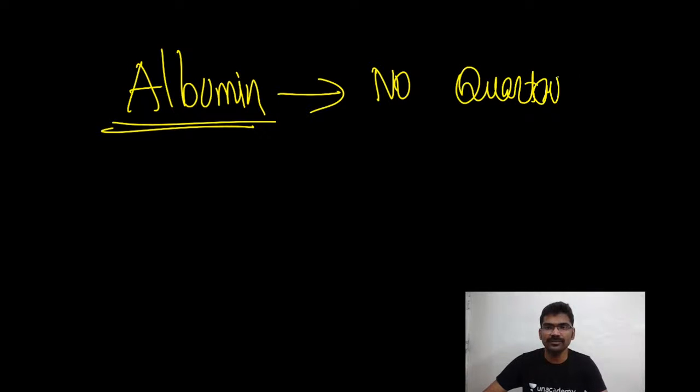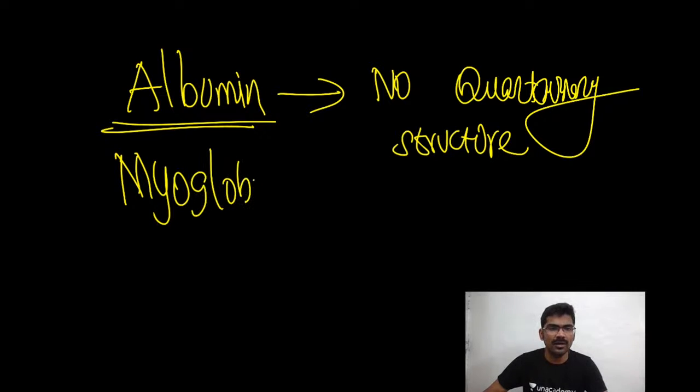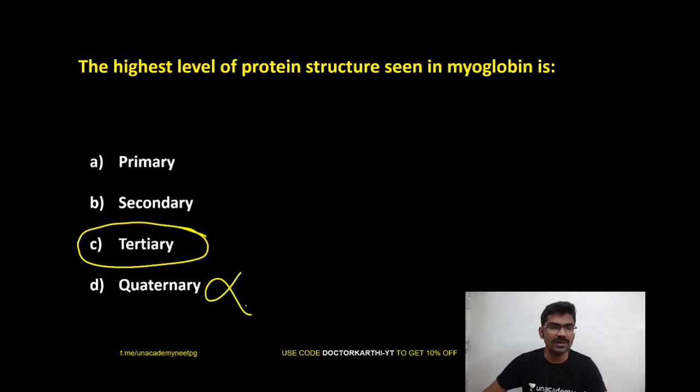Proteins like myoglobin and albumin are single, monomeric proteins, so no quaternary structure is possible for them. So the highest level of structure found in myoglobin is tertiary. Those who have chosen quaternary, please note down.